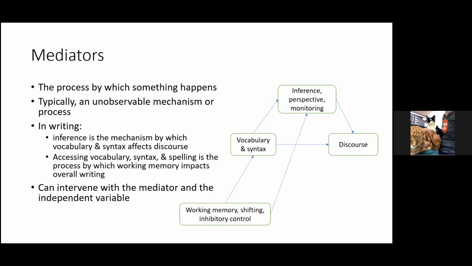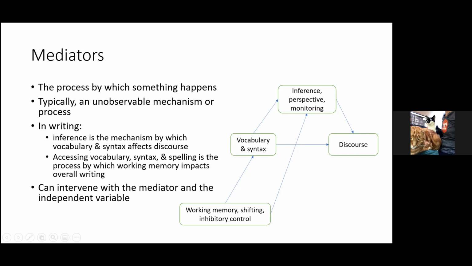So if our word finding abilities are taking up too much of our working memory, we're not going to be as quick with coming up with better words. And then we're not going to be able to do a whole lot of good inference making if we can't come up with the right vocabulary words or the right sentences to put together.